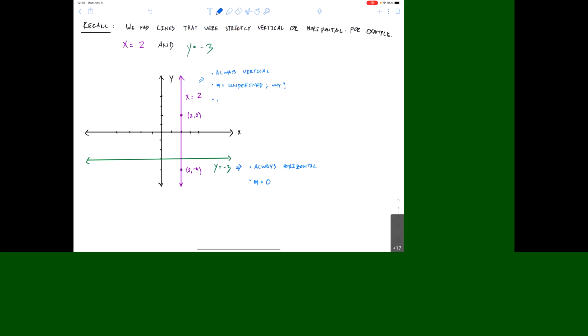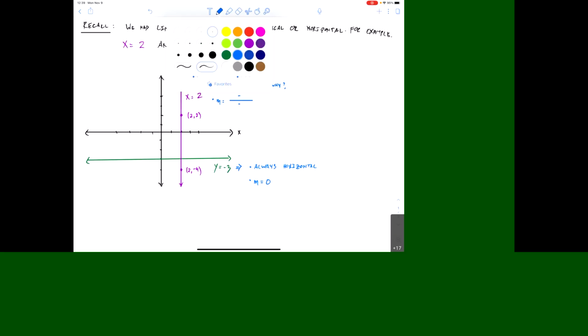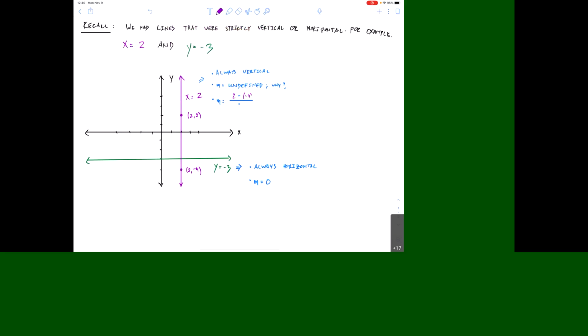calculate the slope here. So m equals y minus y over x minus x. So you do the y's first, right? I'm going to do top minus bottom, 2 minus negative 4, and then the x is 2 minus 2. Well, what do you already see happening here? What do we have in the denominator?